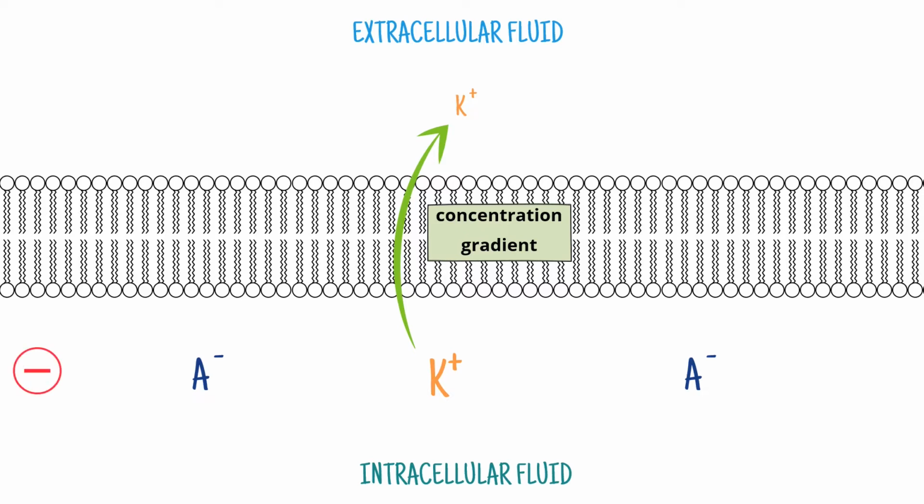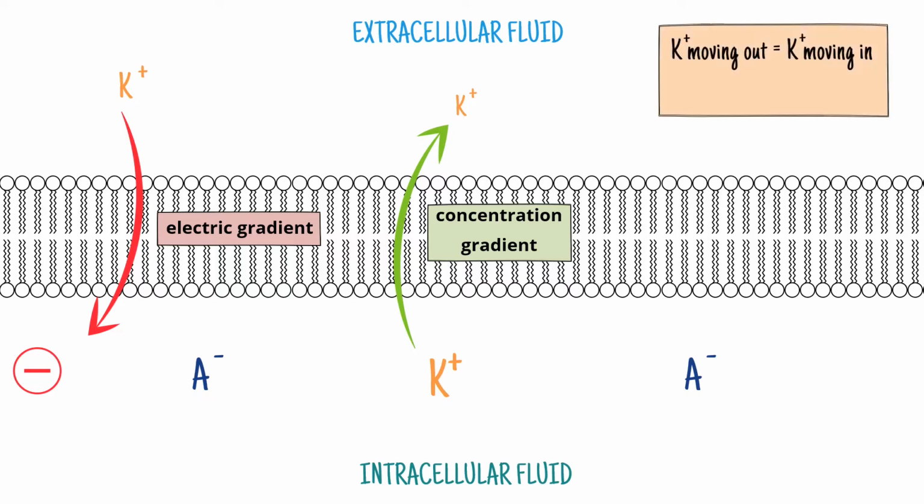What happens is that the negative charge inside the cell starts to attract the positively charged potassium that diffused through the membrane back inside, and another gradient, which is called the electric gradient, is established. Now, when the potassium moving out of the cell equals the potassium moving inside the cell, we talk about the equilibrium potential.